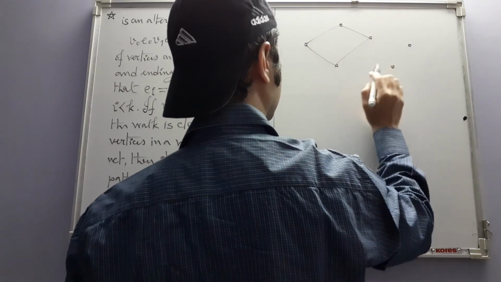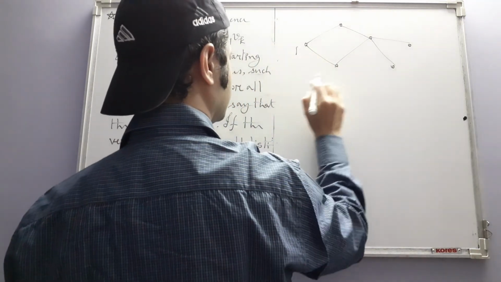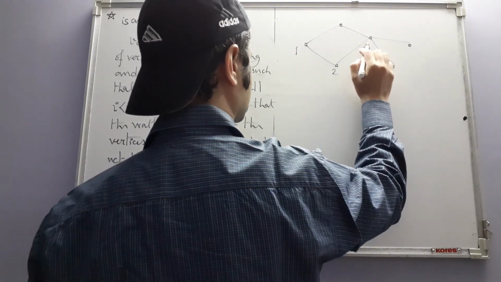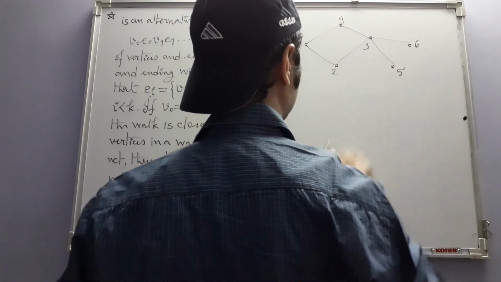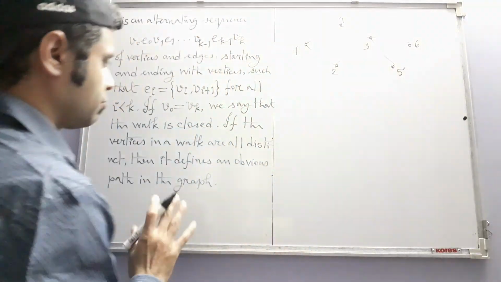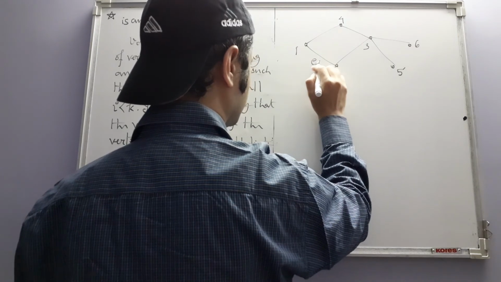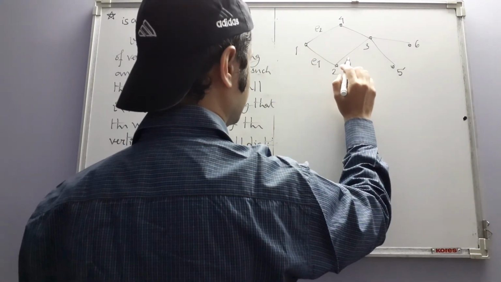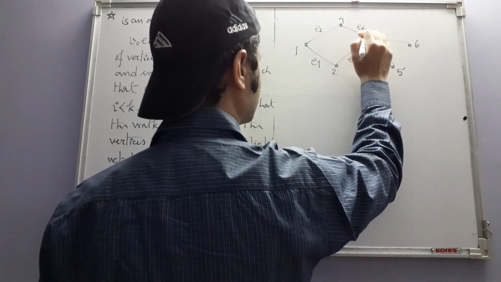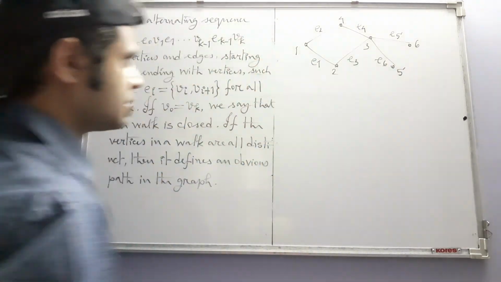We can draw the edges any way we like, and let these be its vertices 3, 4, 5, 6, and for ease of notation, let us give the edges some names: E1, E2, E3, E4, E5, E6.